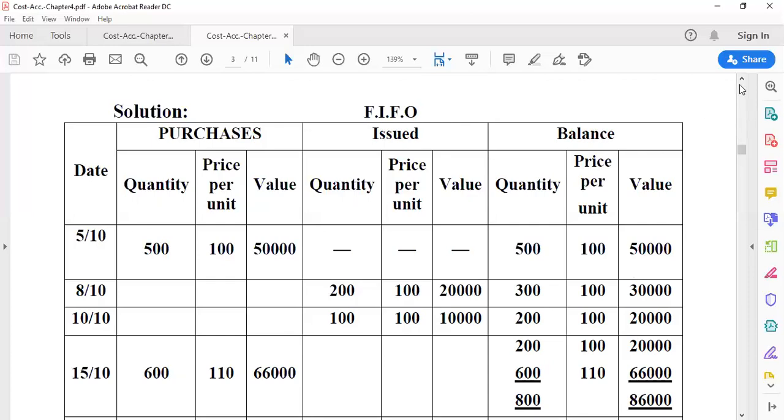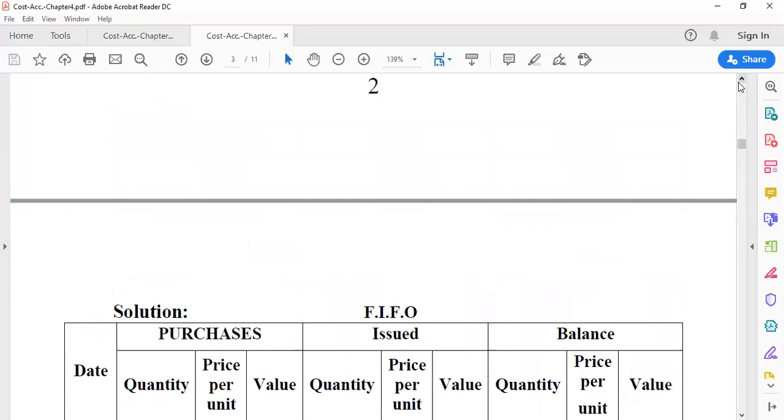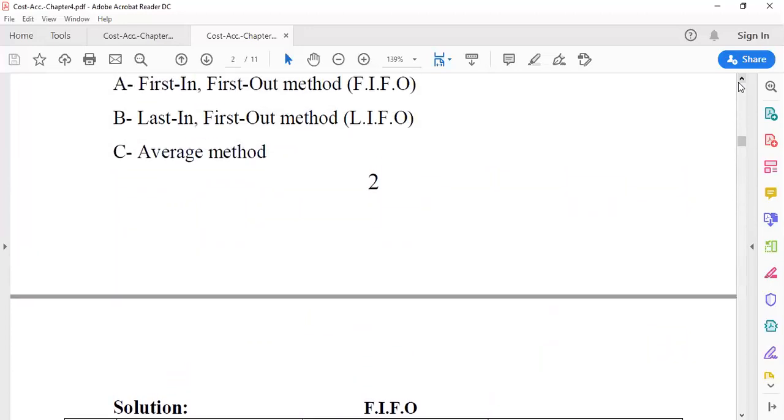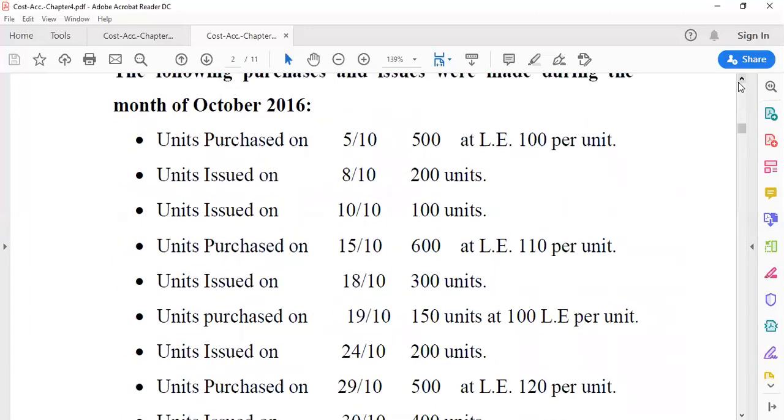Then I need to go back to our example to see the next date. The third one: units issued also on the 10th of October, which is 100 units.